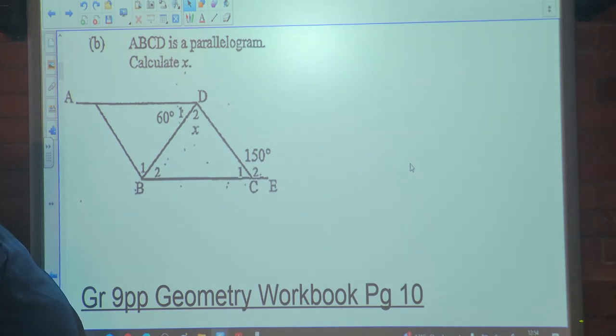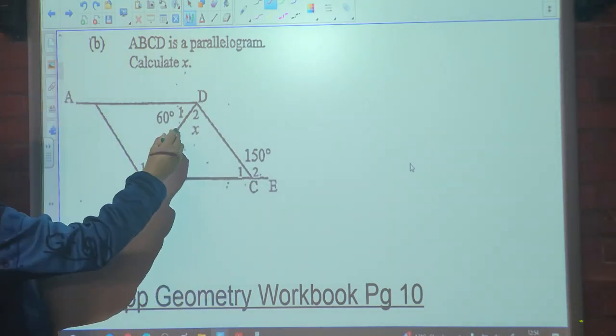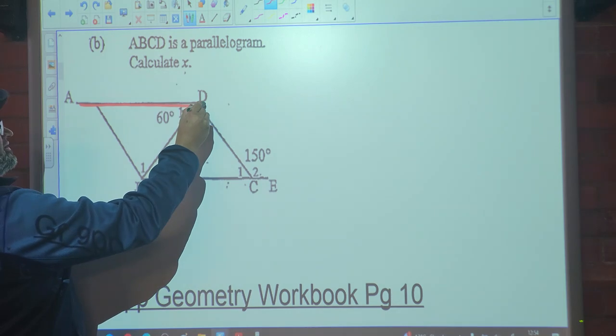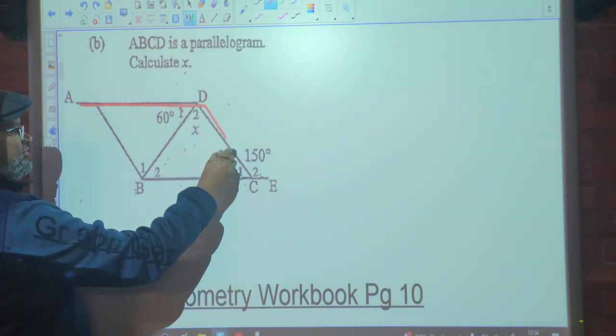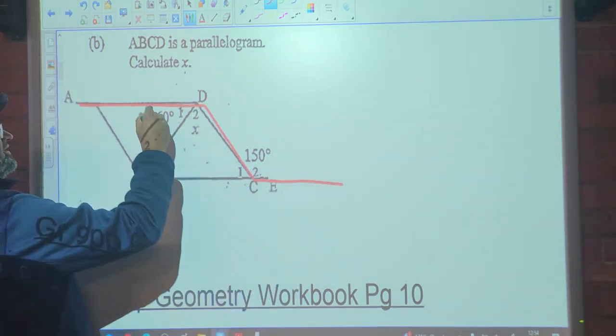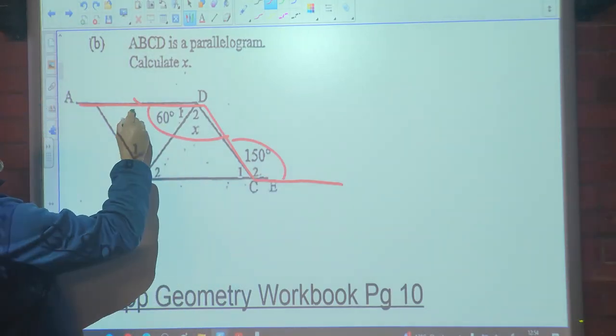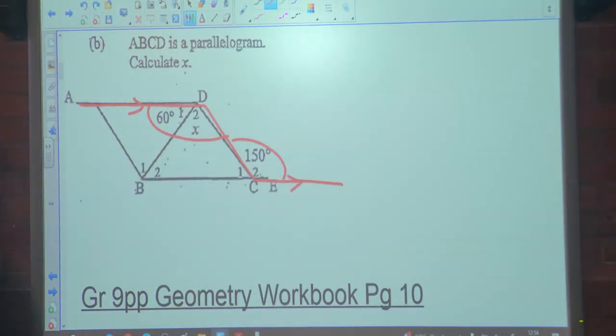Question says calculate x. Okay. So we basically know that we can form alternate angles. This angle is equal to this angle if those lines are parallel. Not so? So we can then say 60 plus x is equal to 150, alternate angles.